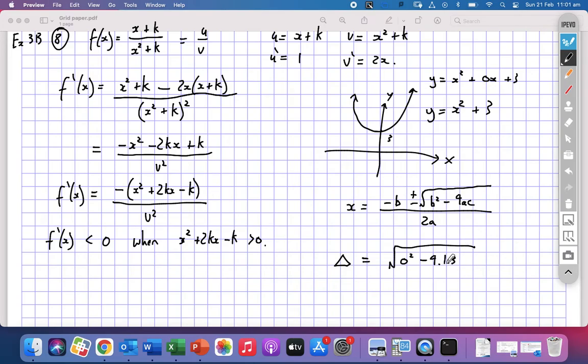Can't do it, but obviously it's still a quadratic. It just never crosses the x-axis, and the y values are always positive numbers. So that's what I'm looking for here. Whatever k is, whatever x is, I need to be getting a quadratic like that, where it's always positive.